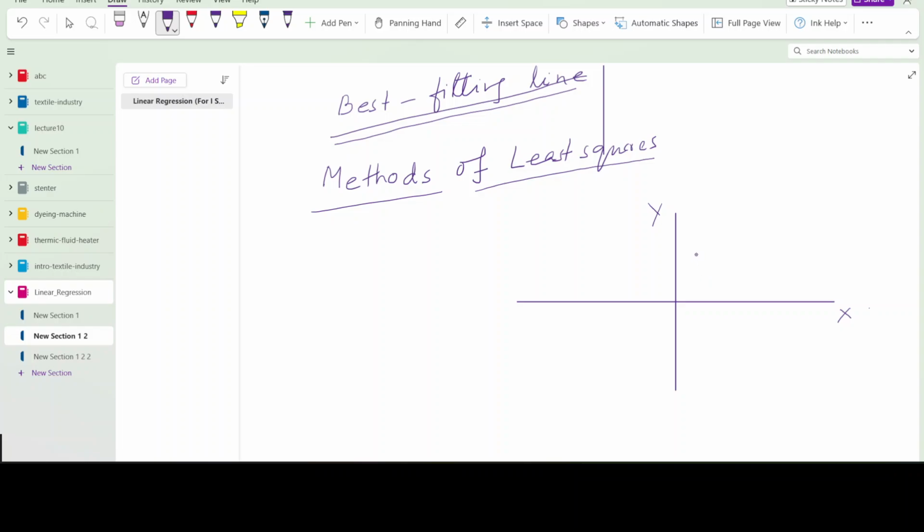And we have various observations, something like this. And what will be the best fit line? How will we decide?